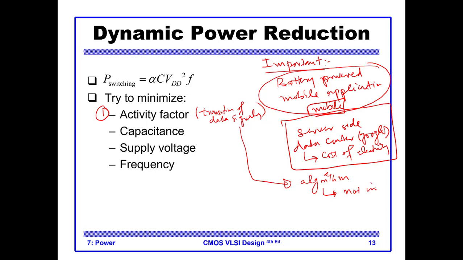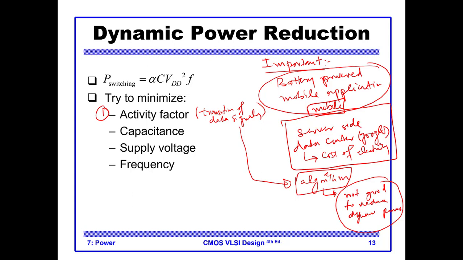You don't want to change the algorithm, so this is not a good way to reduce dynamic power. It doesn't give you the control to reduce the dynamic power.